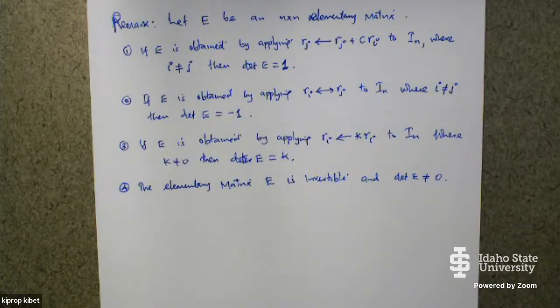Have the elementary matrix, let's say 4 by 4, 3 by 3. Elementary matrix is found by doing the row operations on the identity matrix. If you add a constant multiple, the determinant will still remain the same. If you switch, the determinant will change. If you multiply a row by a constant K, you get the determinant K.